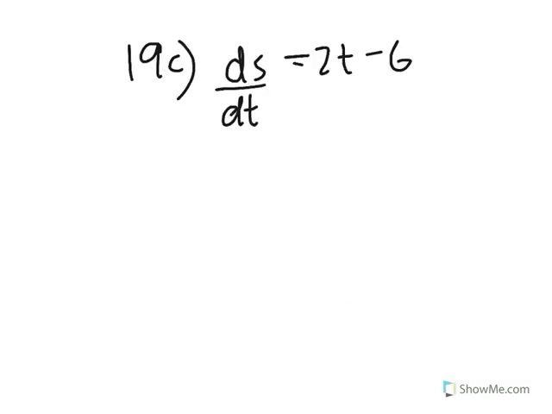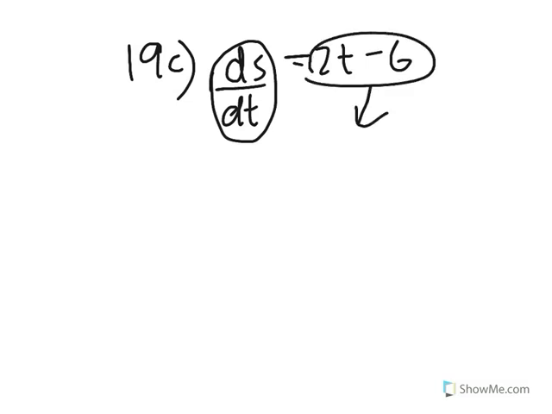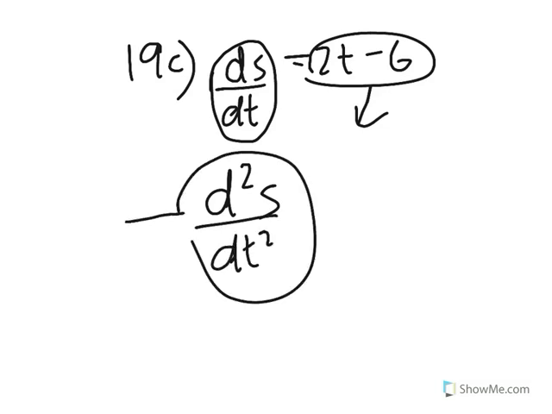Now when you differentiate displacement with respect to time, once you get velocity. When you do it the second time, you get acceleration. So what you got to do is you got to differentiate this equation one more time. So then you form d squared s over dt squared, which is basically acceleration, is equal to, so differentiate this.